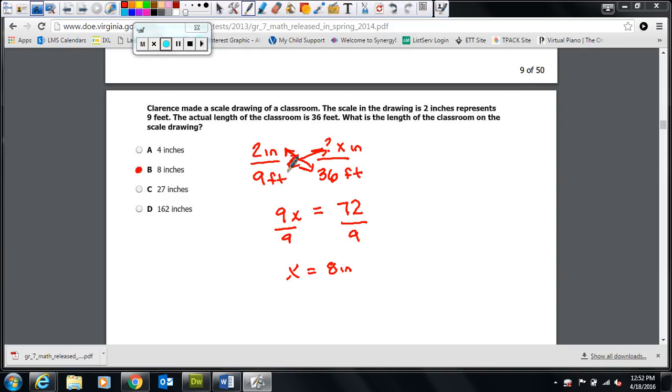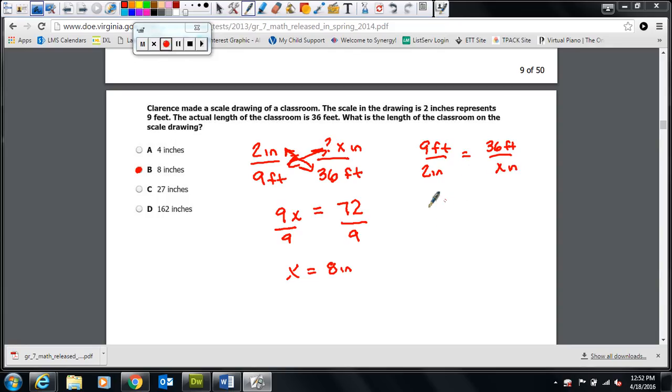Now we could have completely set this up differently. We could have said 9 feet is to 2 inches. But if we did that, we put feet on top and inches on the bottom, then this fraction would have to have 36 feet on top and unknown inches on the bottom.